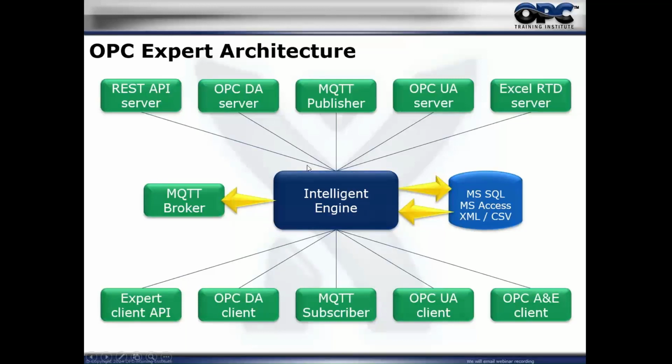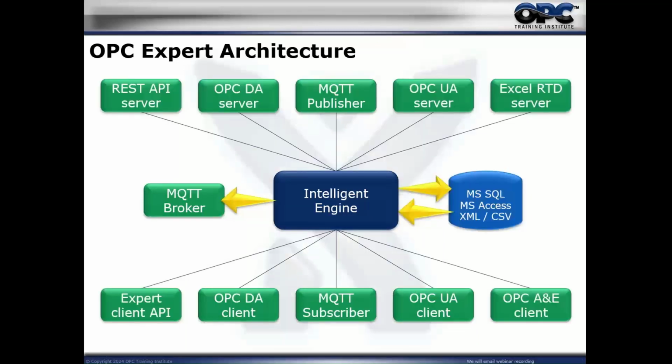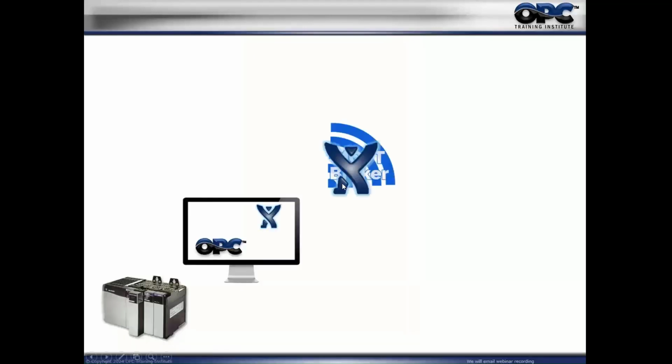But for now, what we're focusing on very specifically is MQTT. So again, OPC Expert provides all of this, but in this case, we're just talking about MQTT: the publisher, the subscriber, the broker, and of course, we'll acquire data using OPC UA and DA. So let's get to the little demo. We'll use OPC to acquire data, take this data and send it to an MQTT broker, which in this case is OPC Expert.